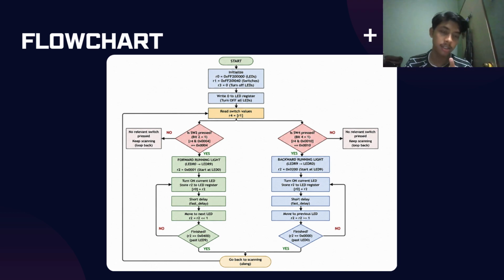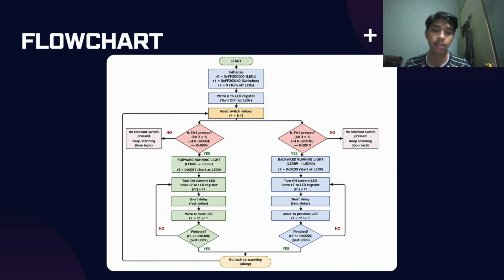For the LEDs, I stated R0 and put the value 0xFF200000, and for R1 as the switches, I put the value 0xFF200040. And then R3 is for turning the LEDs off, so I put the value 0 there. Okay, and then we go to the next.